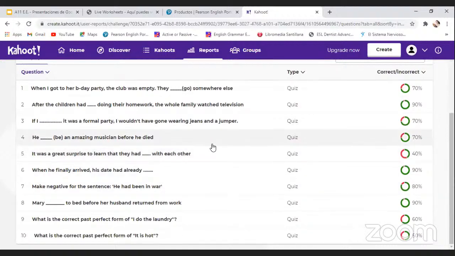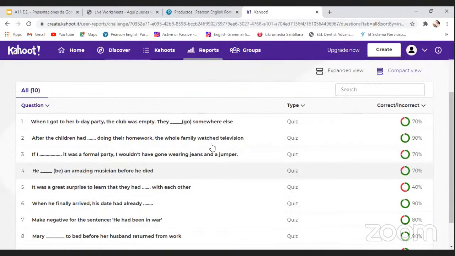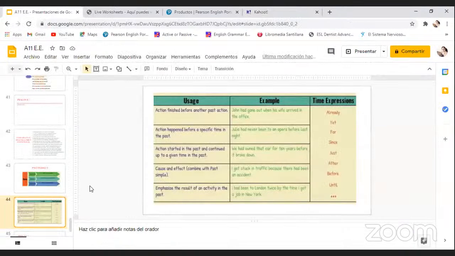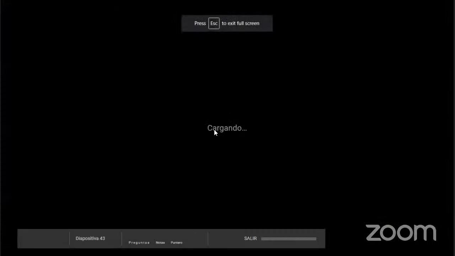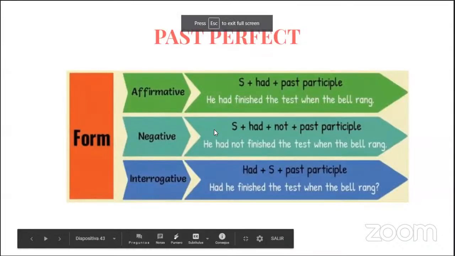When you choose your option and you send it, it tells you right away if your choice was correct or incorrect. And also shows you the correct answer. So, okay, any comments on this grammar tense, guys, before we do the survey and we finish our class? Any comments on this?